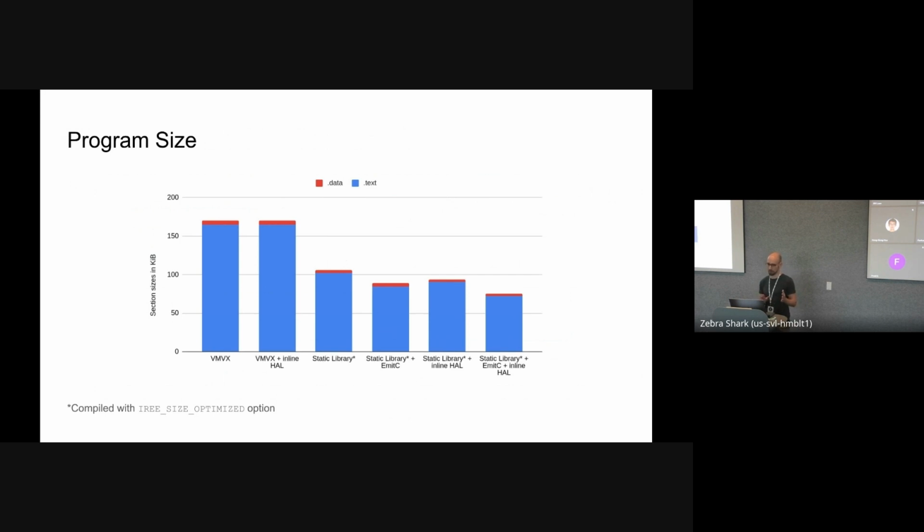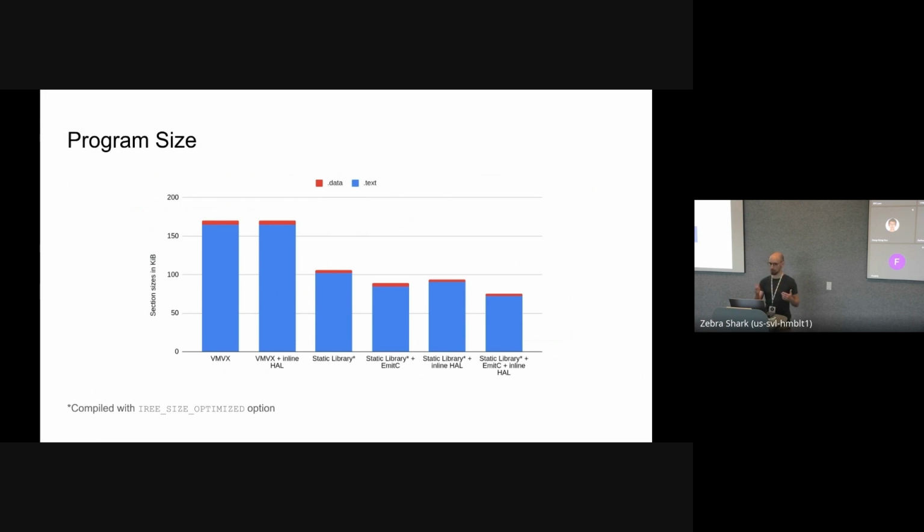using VMVX essentially results in the largest binary. And if you use the inline HAL, you don't see much improvement. But if you go for a static library, this shrinks your executable size quite a lot. And using EmitC in addition, to get rid of the bytecode interpreter, shrinks your executable even more.